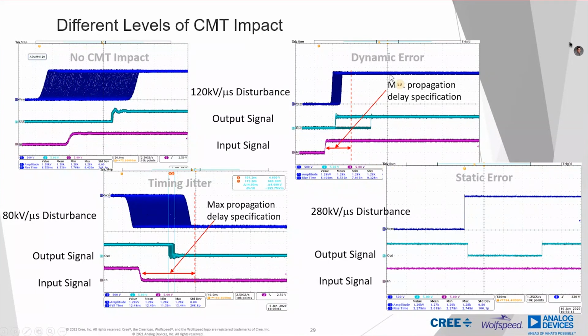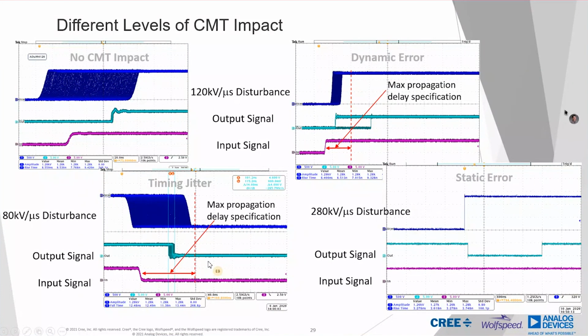You get into a dynamic error, where you have the common mode transient, and this is the input signal, the output signal, and sometimes depending on when the transient is happening, you might cause it to have an issue and the transition happens, but it doesn't happen within the timing specifications.